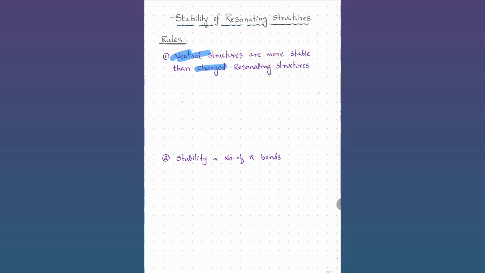Here I'm taking carboxylic acid, RCOOH. Now if you write its resonating structure, this is how the electron shift takes place: R C O minus, double bond O plus and H. Now this is structure 1 and structure 2.